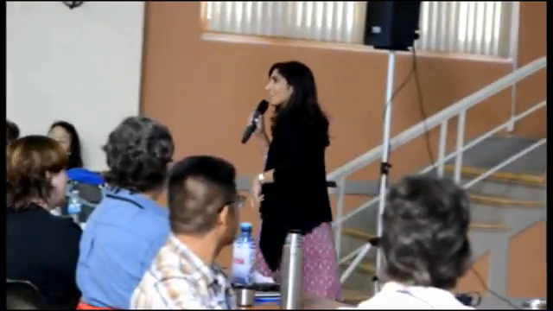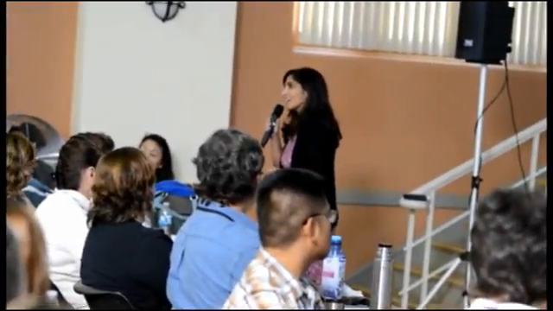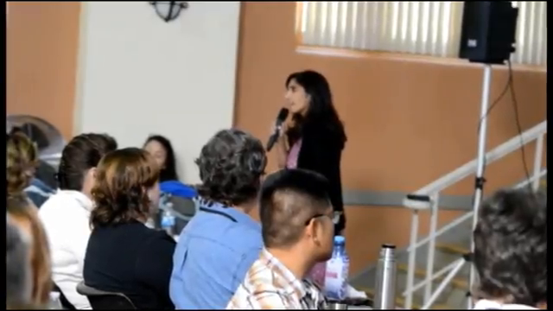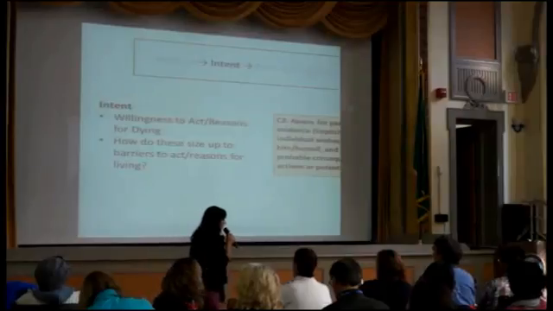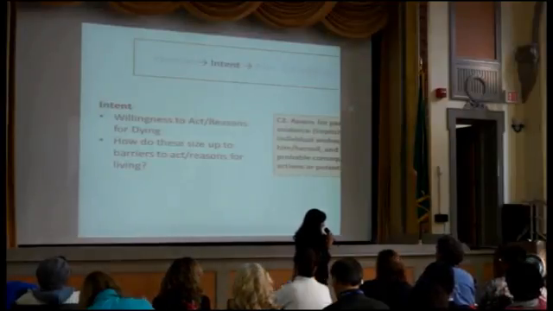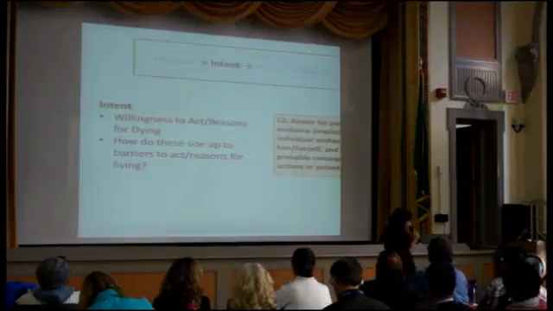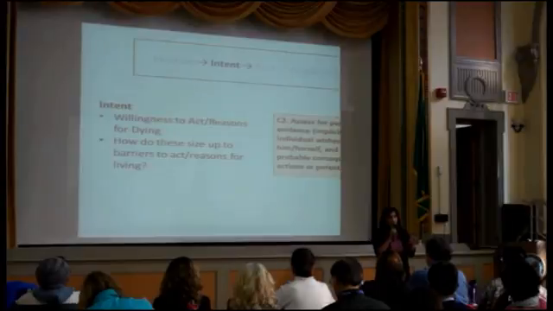I'll ask sometimes, how well do they think they can keep themselves alive? There's a study, and I know some of you may be familiar with this. It's an implicit association task.